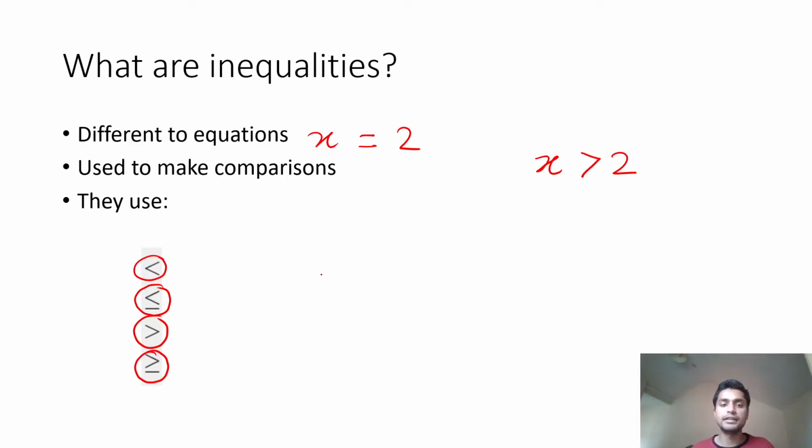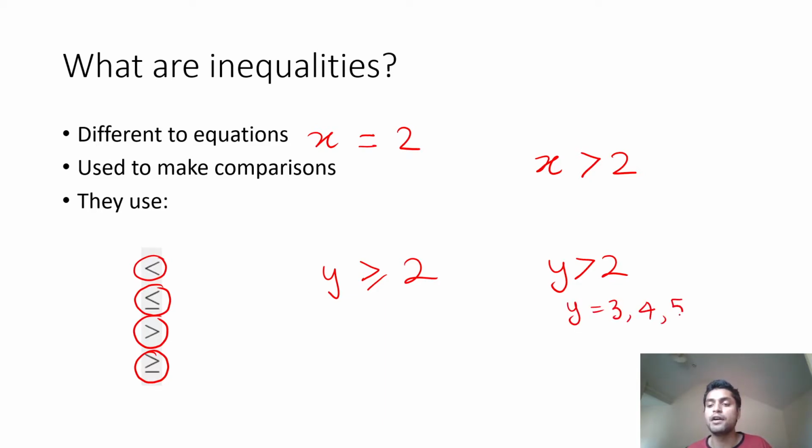Now, for instance, if you had y being greater than or equal to 2, that means that y can take any value as long as it's 2 or above. This is slightly different to y being greater than 2, because in this situation, y can take any value, but it cannot take 2 as its value or any other value that is less than 2. So in this case, y can be 3, 4, 5, and so on.